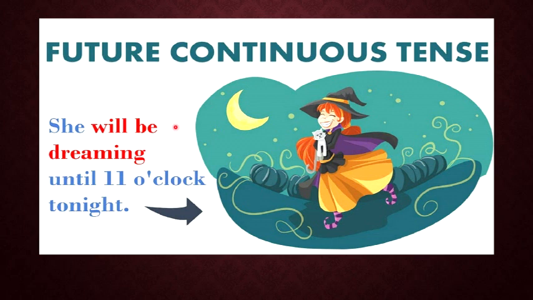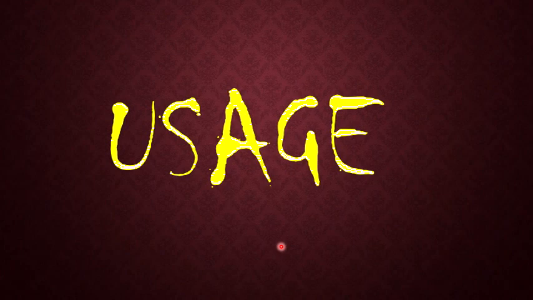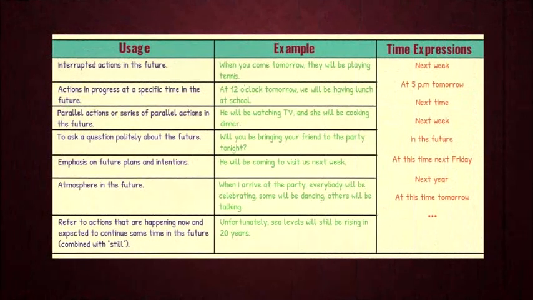Now if you see the highlighted word in red color, will be dreaming, this is actually a future continuous tense sentence. Now let us learn more about this, where it is used and how it is used. So now before you there is the usage of this tense.